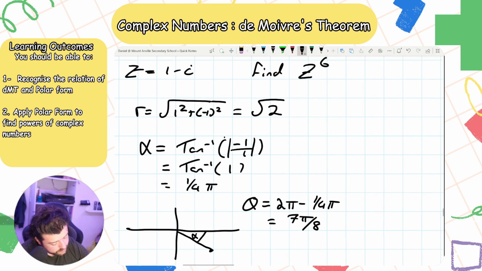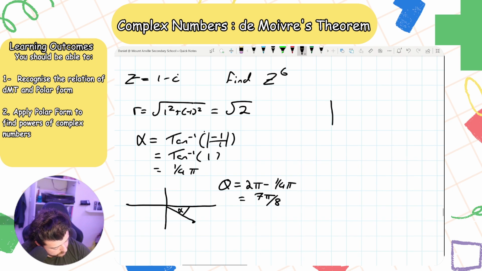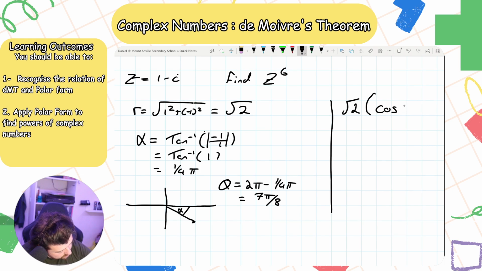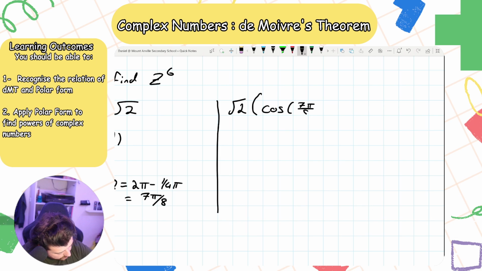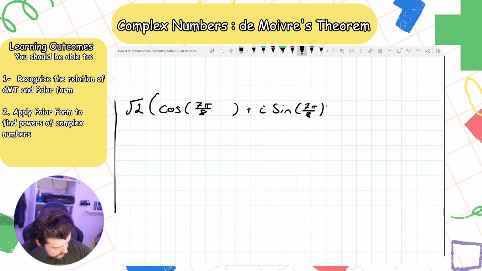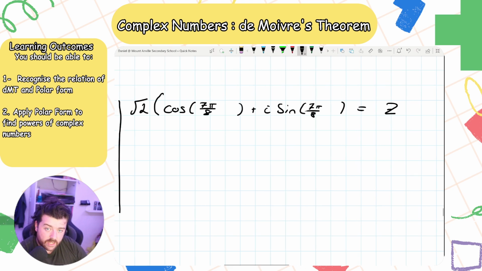So 7 pi over 4. I have root 2 times cosine 7 pi over 4 plus i sine 7 pi over 4. That is my complex number in polar form.